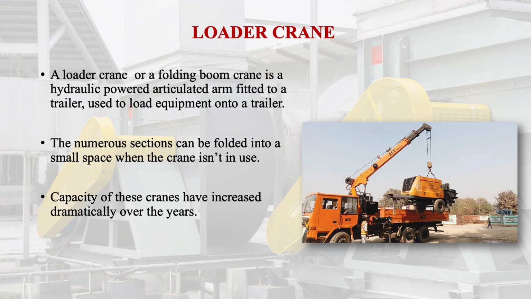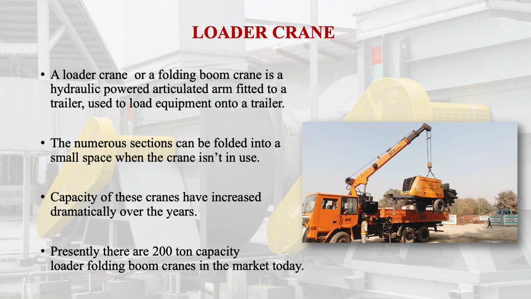This means it is very easy to store such cranes when they are not in function. Capacity of these cranes has increased dramatically over the years. Presently, there are over 200 tons capacity folding boom cranes in the market.